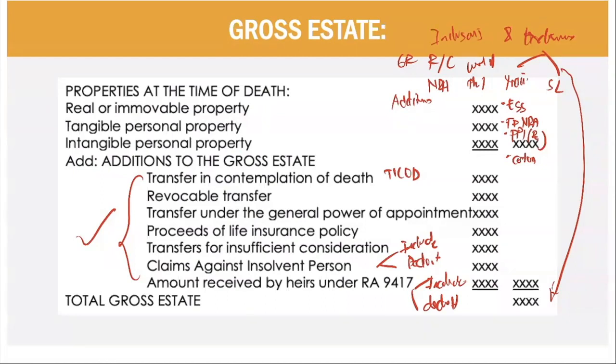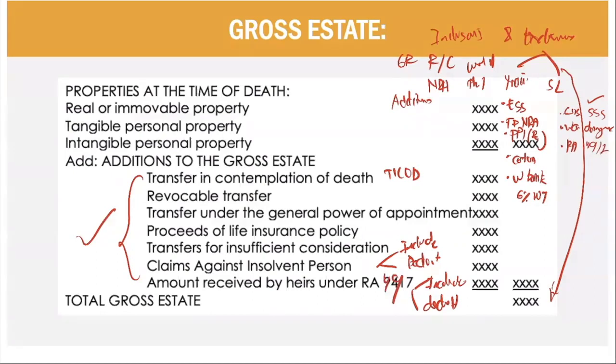And then lastly, those withdrawals from the bank, subject to your 6% withholding tax, considered as final tax. And under special laws, we have your proceeds of GSIS and SSS. We have already discussed that. We also have your war damages, and we also have your RA 4917. Okay?